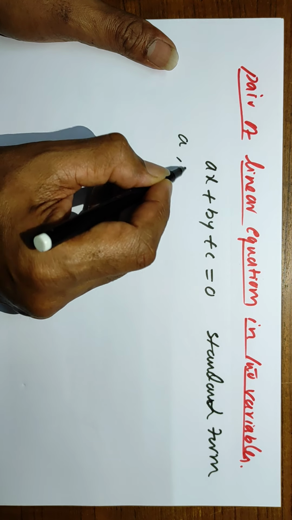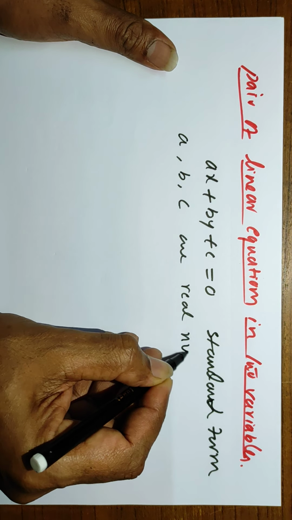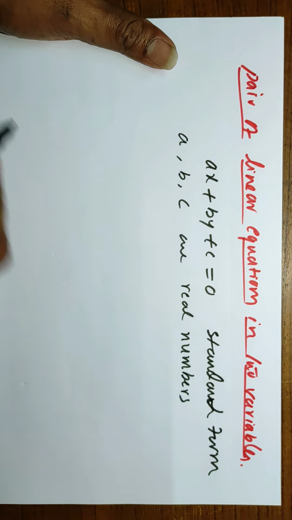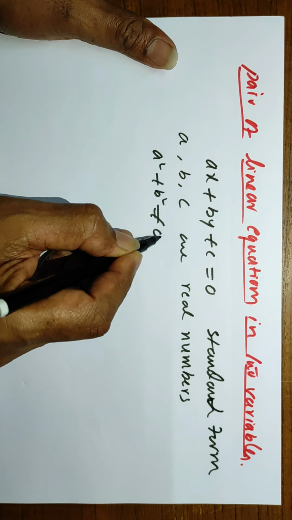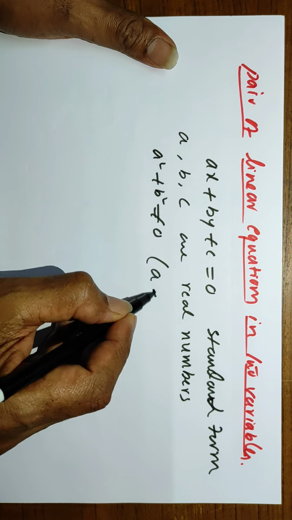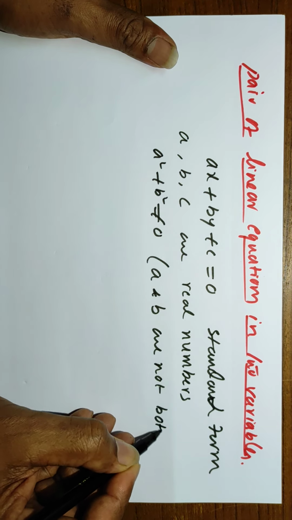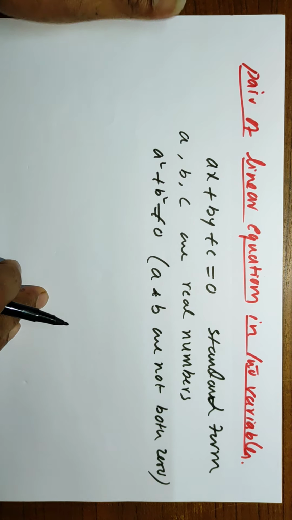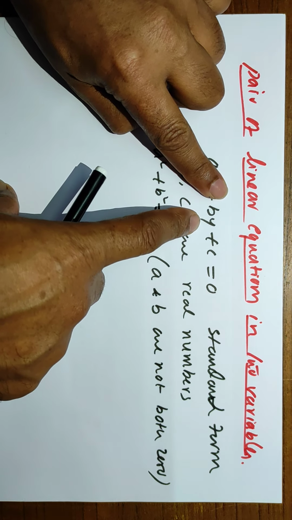Here a, b and c are real numbers, and a square plus b square is not equal to 0. That means a and b are not both 0. If a becomes 0, it becomes a linear equation in one variable.